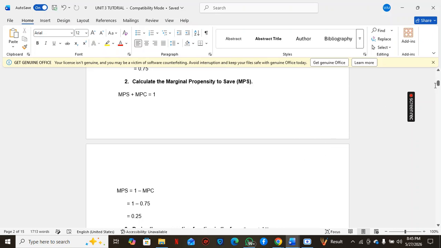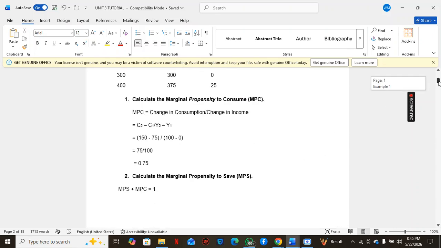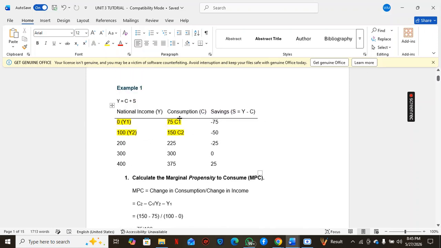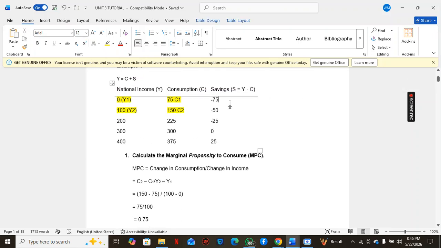The other way you can do it, you pick 2 points again. In our table, this will be S1, S2.